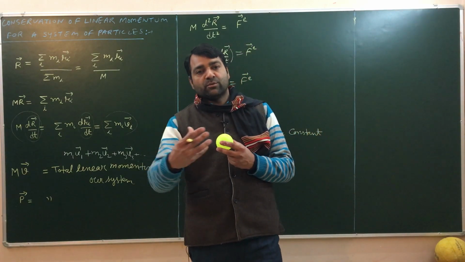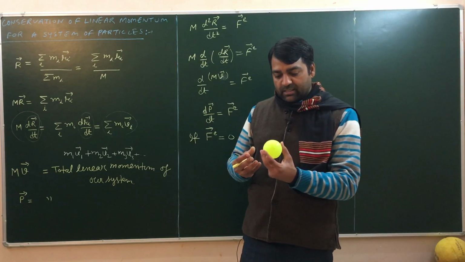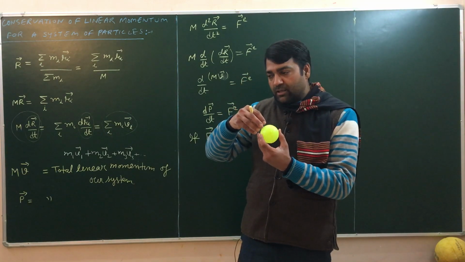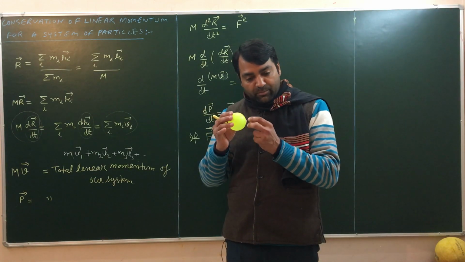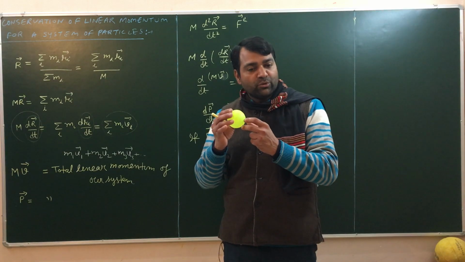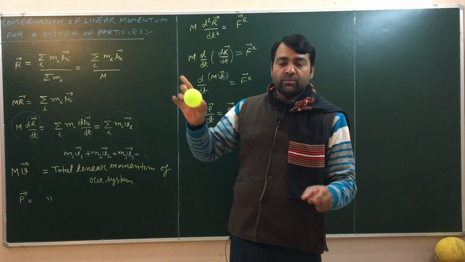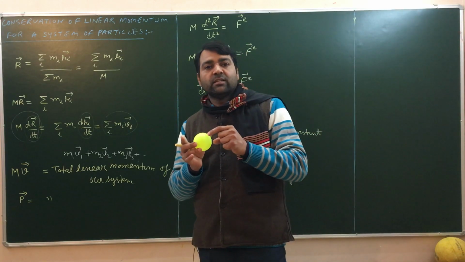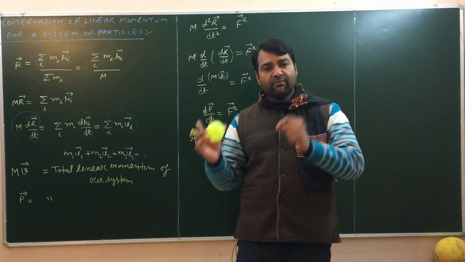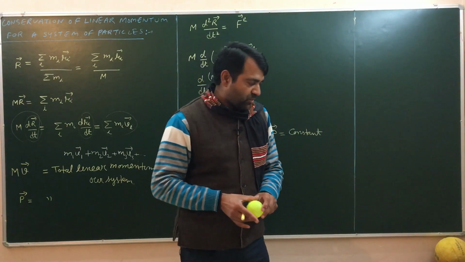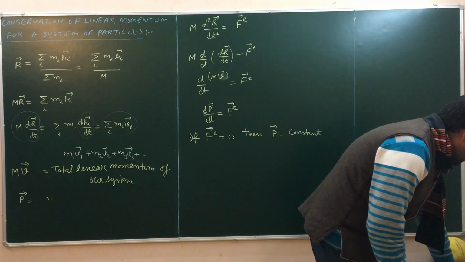The fragments or parts of this shell will move in such a way that if a particle moves in this direction with certain momentum, then there must be equal and opposite momentum in this direction, so that their net momentum is 0, because the center of mass is located before and after the explosion at the same point. Dear student, that was our conservation of linear momentum of a system of particles.